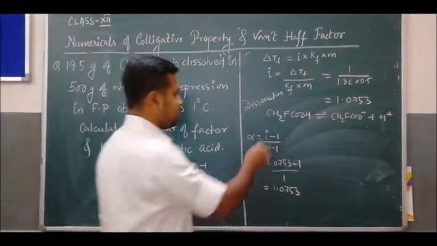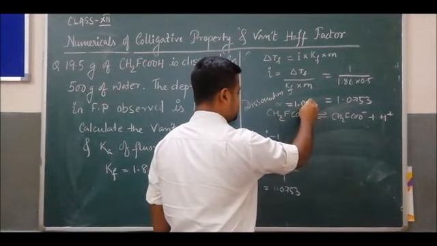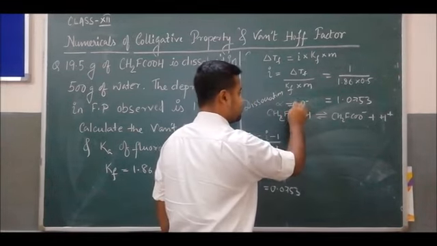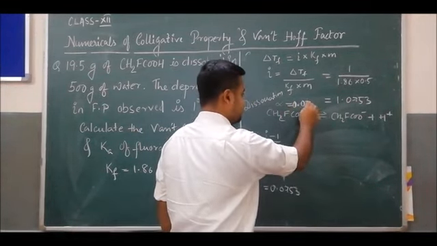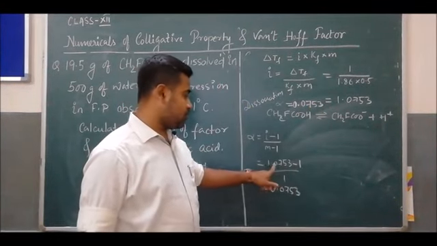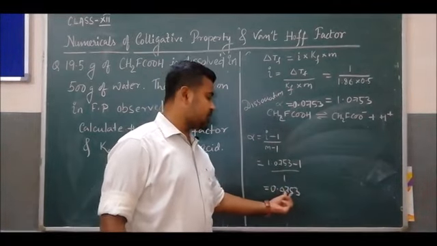Here the alpha value will be equal to 0.0753, because 1.0753 minus 1 gives 0.0753.